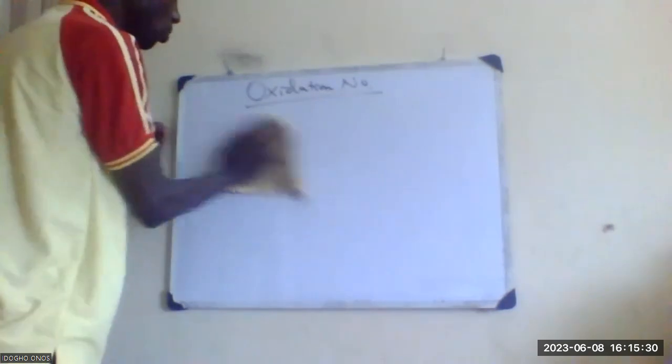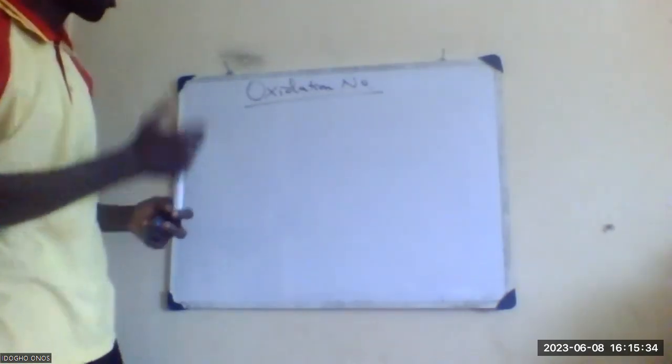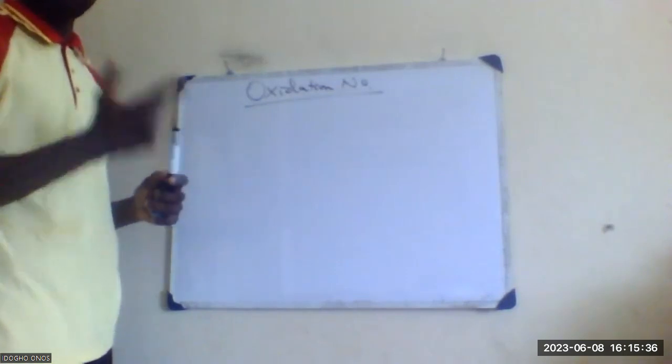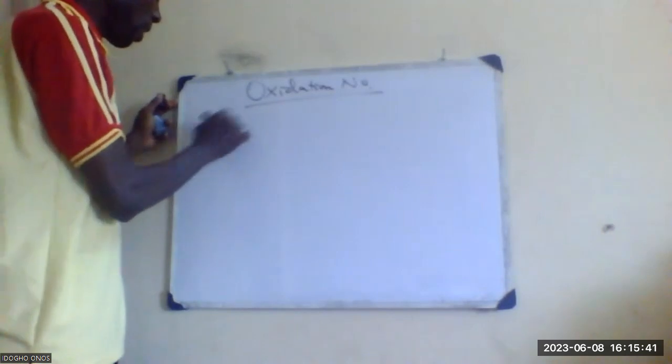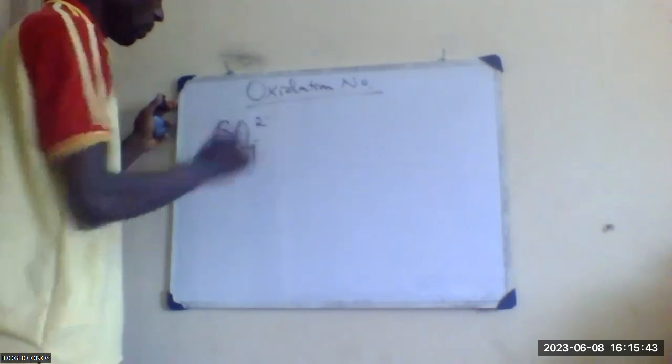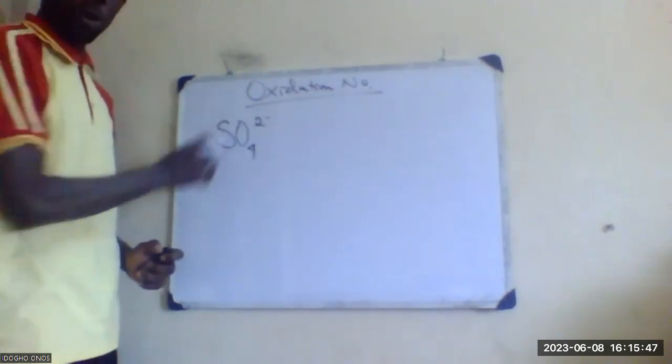Okay. Then another rule is that the oxidation number of an atom or group of atoms or radicals is always equal to the charge it carries. For example, oxidation number of SO4 is 2-. Now, there are 2 elements here, sulfur and oxygen.